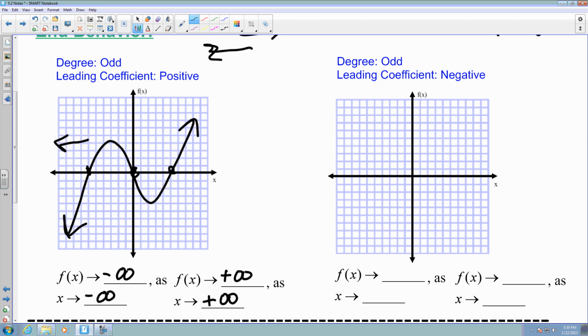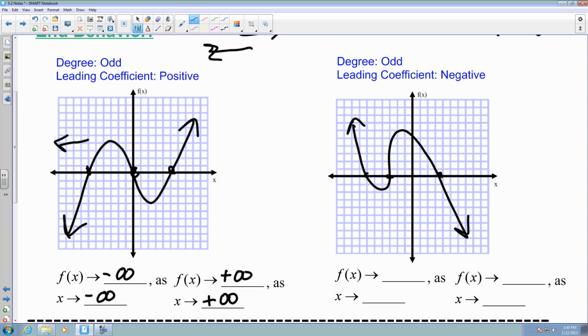Okay. Now we're going to still stay with an odd degree, but we're going to look at if our lead coefficient is negative. So it looks something kind of like this. Here I have 1, 2, 3.